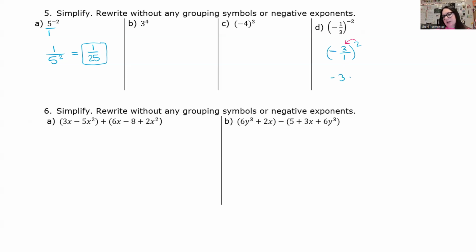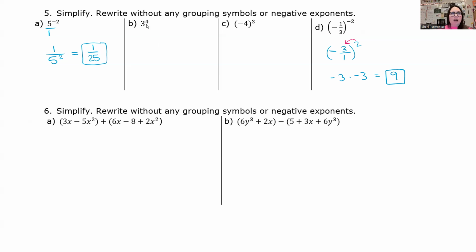What's negative 3 times negative 3? What's a negative times a negative? Positive. What's 3 times 3? 9. Oh, it's because it says I have two negative threes. So negative 3 times negative 3 gives me positive 9.